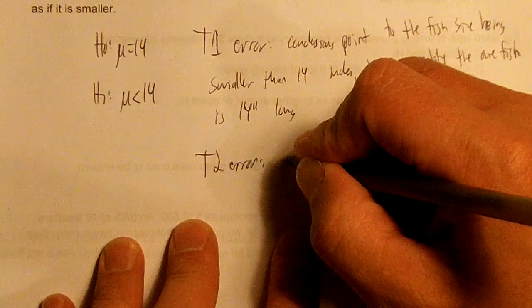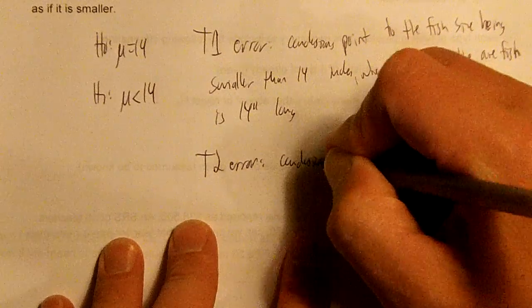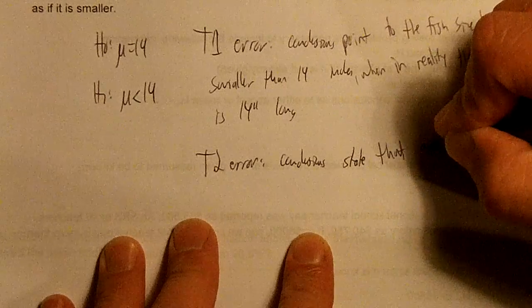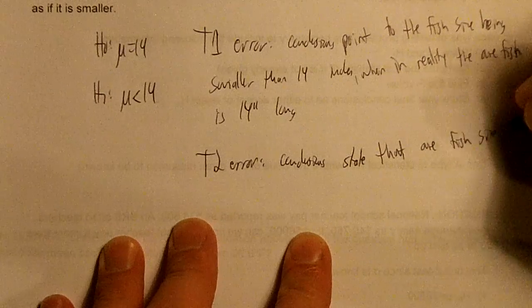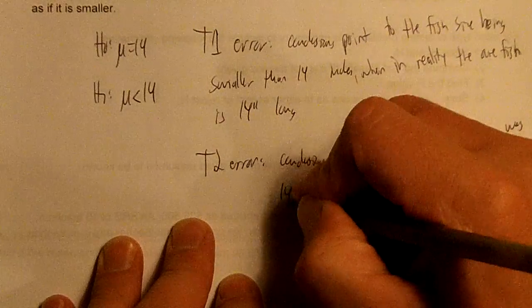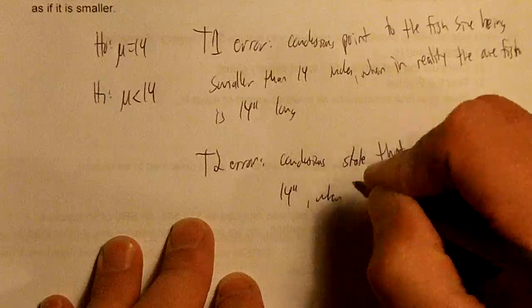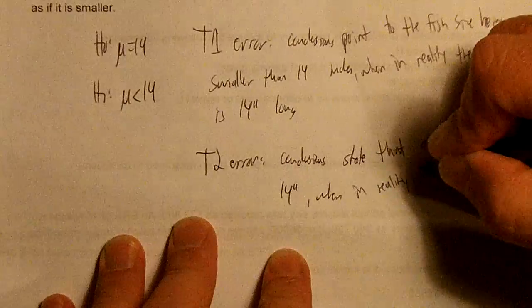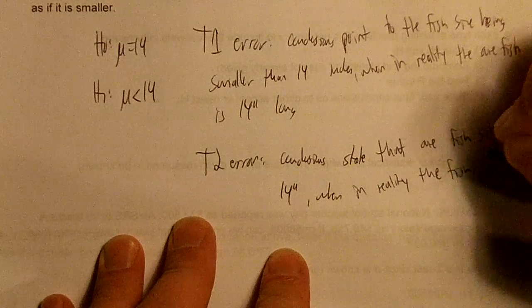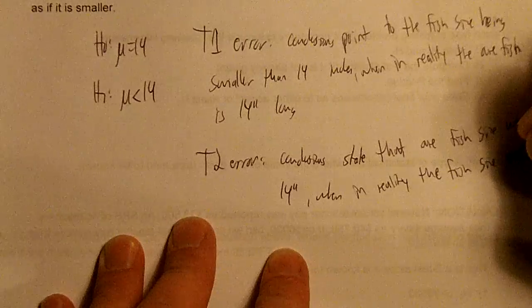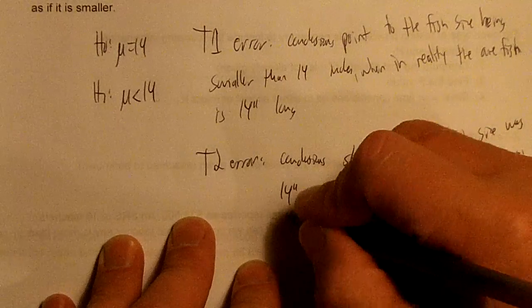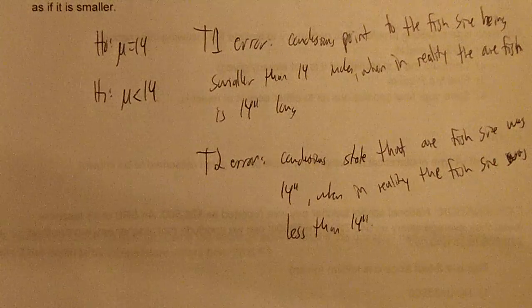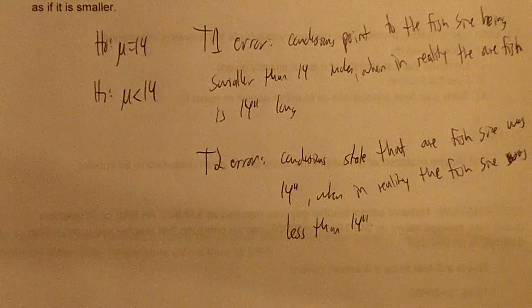So conclusions state that the average fish size was 14 inches when in reality the fish size was less than 14 inches. And that's it. That's how you would actually summarize these things in English.